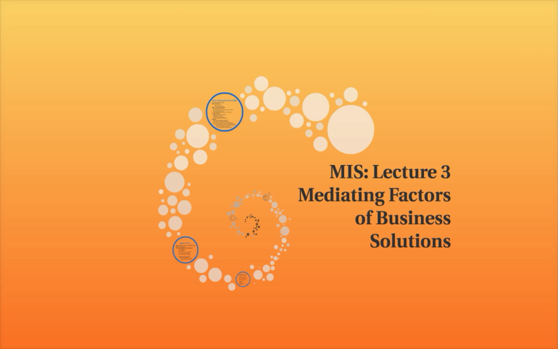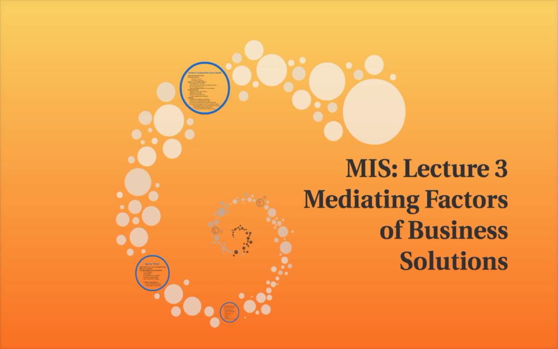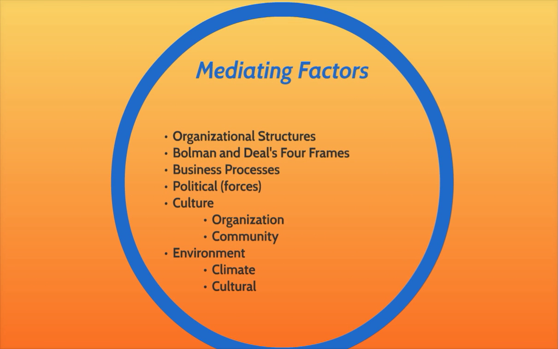We're going to talk about mitigating factors this week in business solutions for IT. It's something that we all always put together in our minds. What are mitigating factors first off? Well, there are things in the organizational structure, and we talked a little bit before about the idea of Bolman and Deal's frames. We talked about how the structural frame and a father in a company can be so influential that he'll never let his children make a decision.